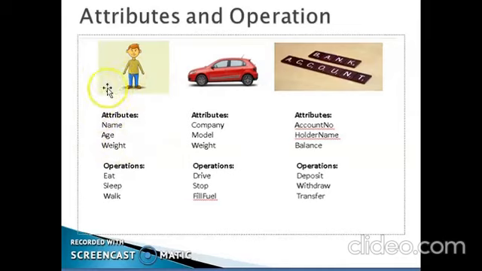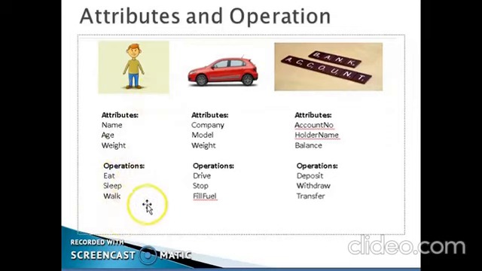Now apart from the data members, the class also contains functionalities or operations, or member functions. Which are the member functions of this class person? The person can eat, drink, sleep, walk and talk.